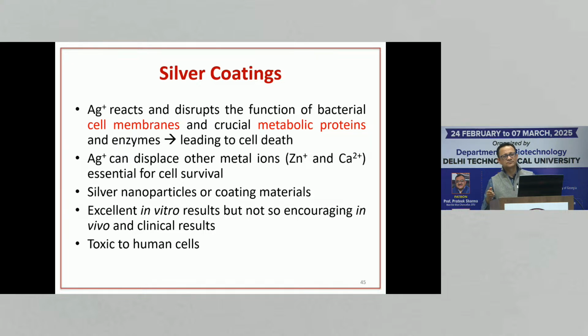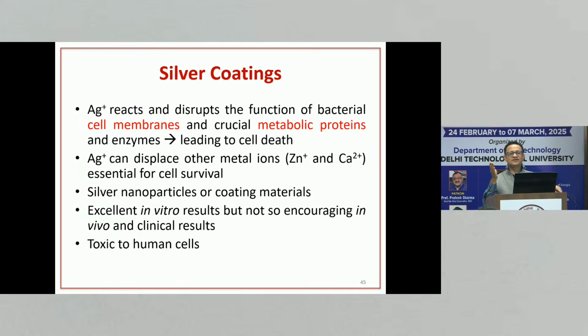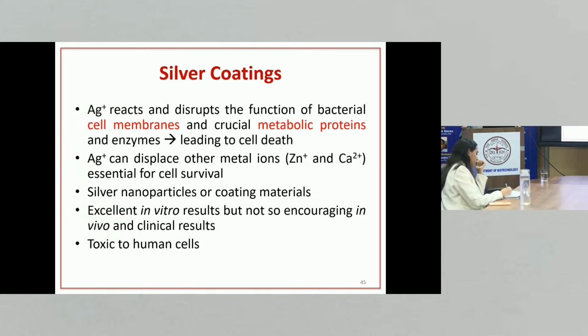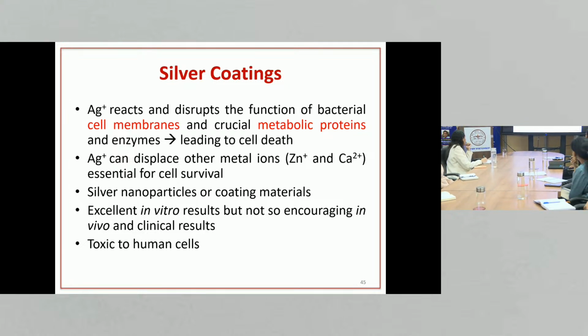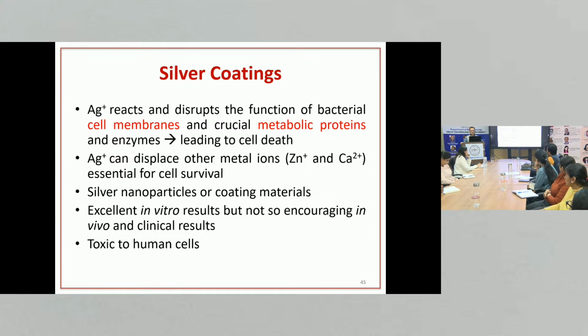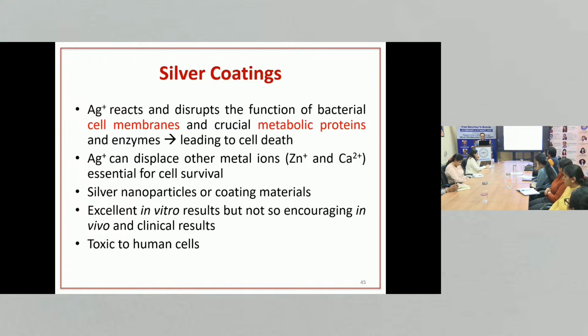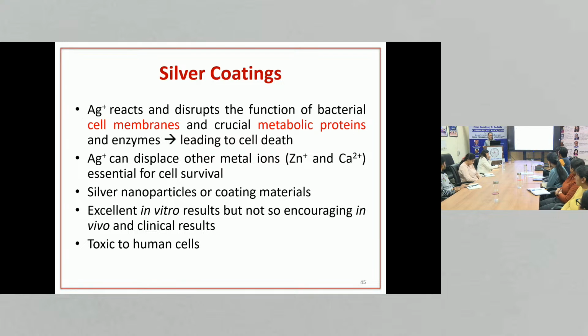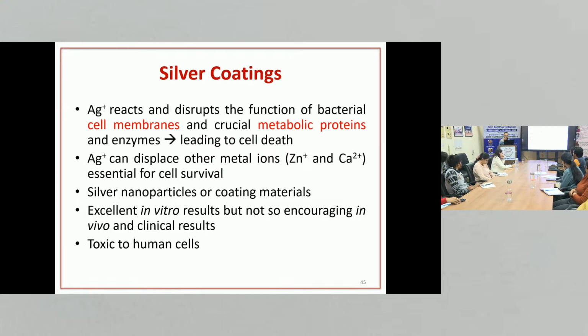Now, as one example, I'm just going to briefly talk about silver coatings. There are silver urinary catheters and silver wound dressings in the market. Silver ions disrupt the function of bacterial cell membranes, which is needed for metabolic proteins. Silver can displace other metal ions like zinc and calcium, essential for survival.